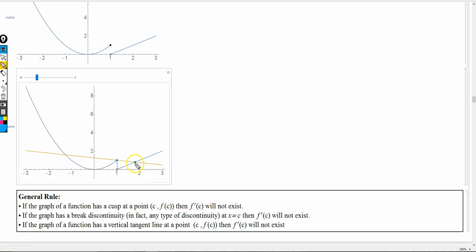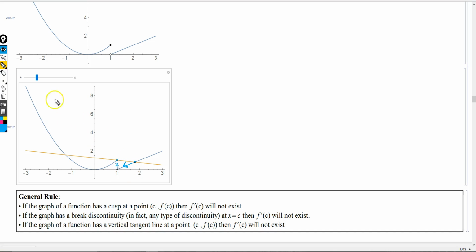Let's see what happens to the secant lines as we let this point move along the curve towards x equaling 1. One other thing: this little line segment right here is actually not part of the graph of our function. That's just a little glitch in the computer graphing system.